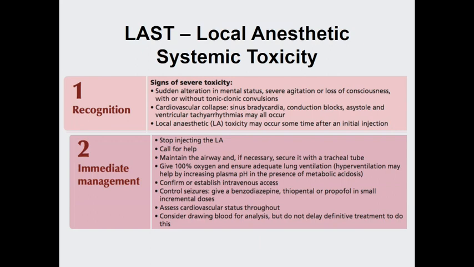The highest risk is for intercostal block, because it's very easy to inject the local anesthetic into a vessel, and there is a small space when we inject the local anesthetic under the rib. The risk of absorption is high, and the risk of injection into the vessel is also high.